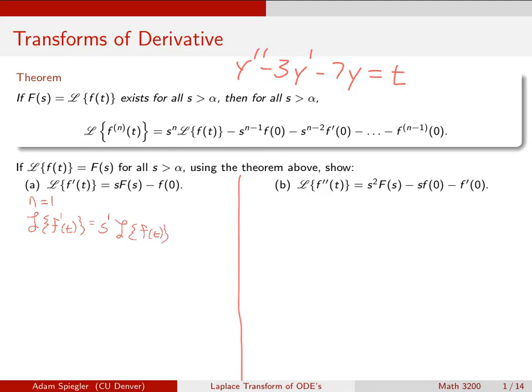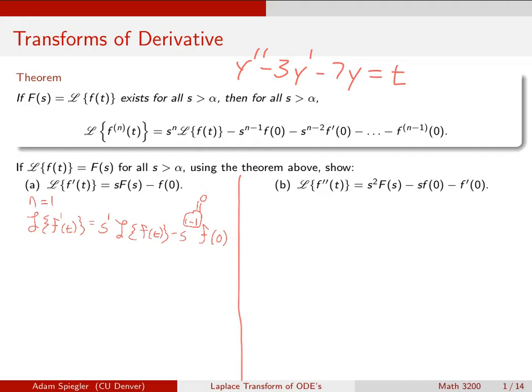Then we're going to subtract s to the 1 minus 1, so that's s to the 0th power, times f of 0. Since we've already reached the point where this power is equal to 0, that's where we would stop in this case.